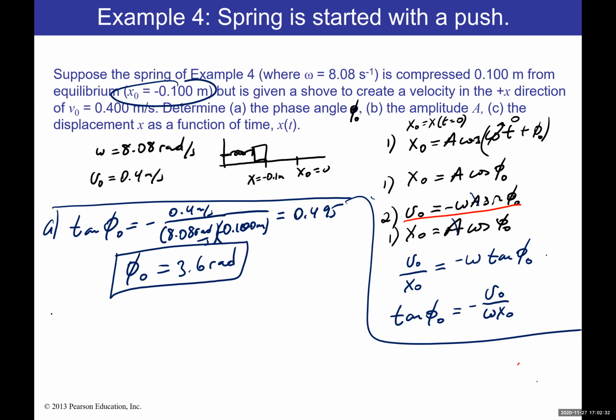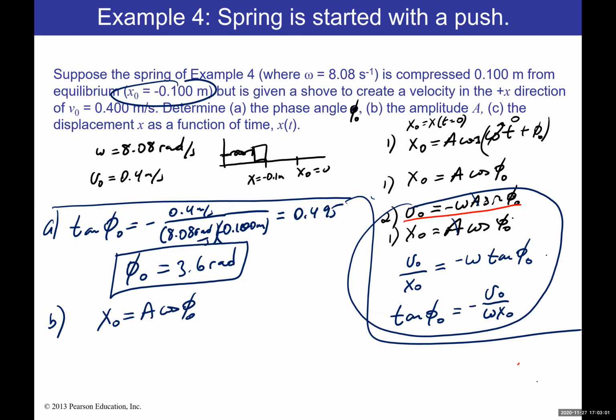This was part A. Part B says find the amplitude. I am not given the amplitude directly, because x naught is not the amplitude, remember. I can get the amplitude from the position equation, x naught equals A cosine phi naught. In the previous portion, I eliminated the amplitude even though I didn't have it, so I didn't need to know it.